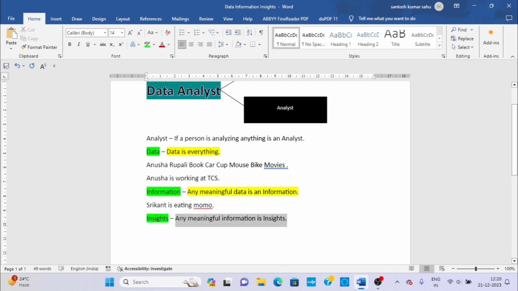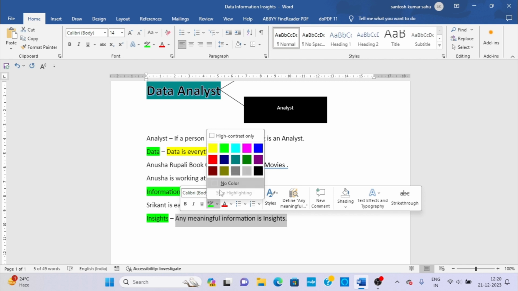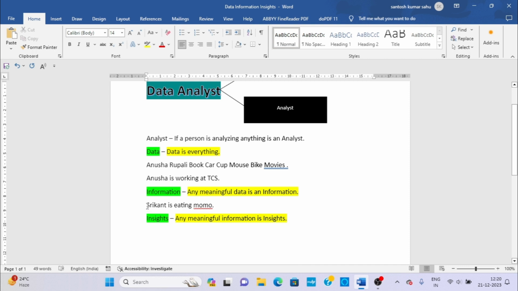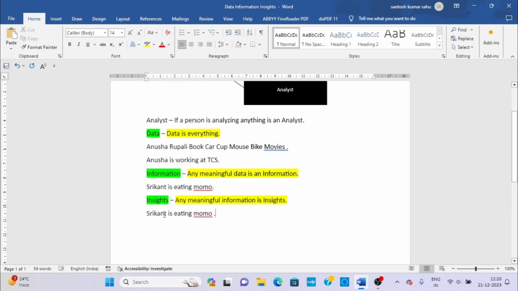Let's understand with an example. Again I take this example: Srikant is eating momo. Here we get the information about Srikant, that Srikant is a person who is now eating momo. From this, I can ask some questions, like who is Srikant?